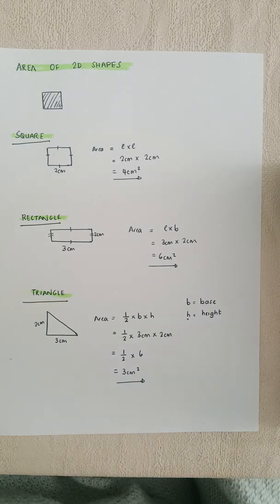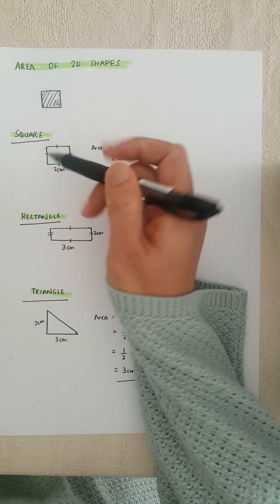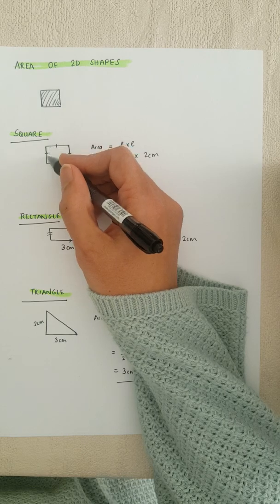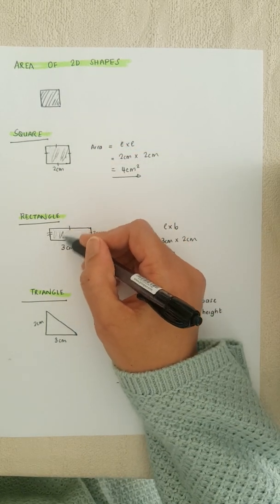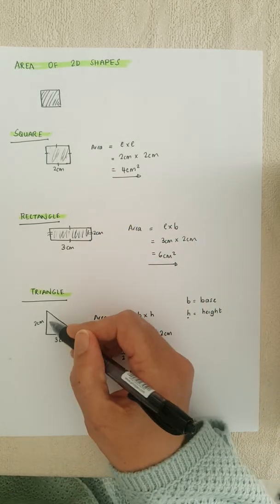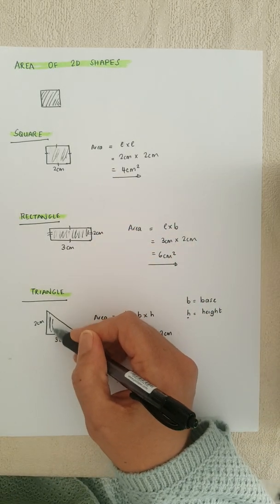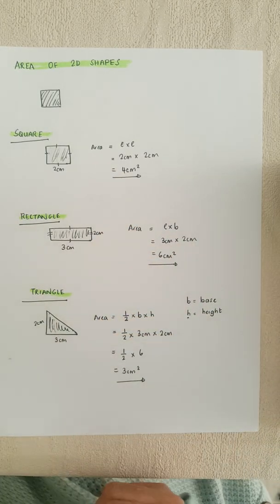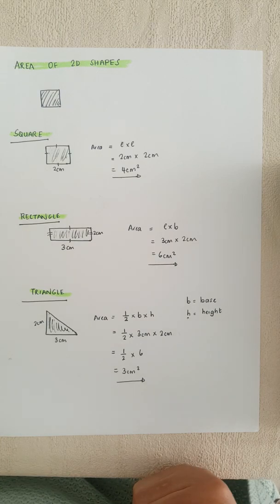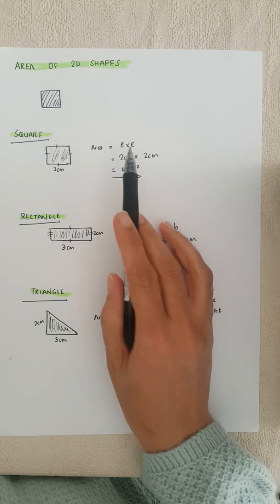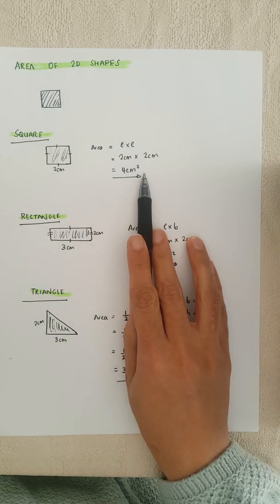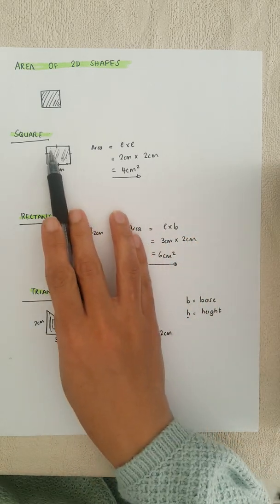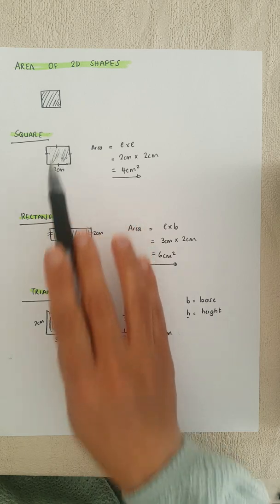So for area, we are calculating the portion that is inside, right? We're working out how much space there is inside the square, inside this rectangle, and inside this triangle. So you have to learn the formulas. For a square, area is equal to length times length, and we write our answer as 4 centimeters squared, so there's 4 centimeters squared inside there.